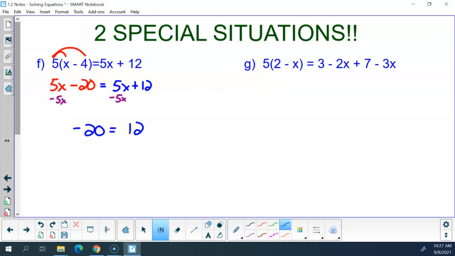Okay, so that's one problem. They don't equal each other. And more importantly, where'd my variables go? They're gone. Okay? So the variables are gone, and we have a false statement.